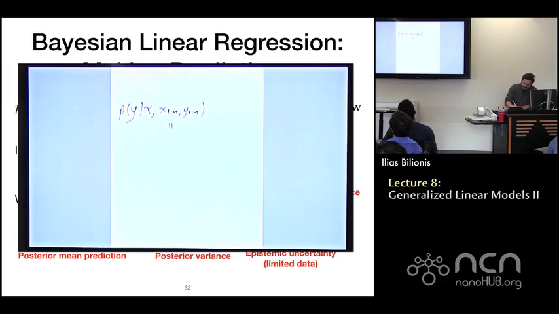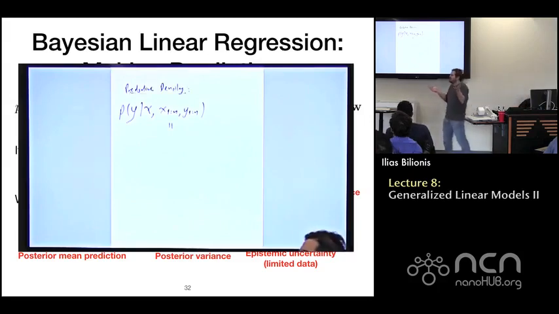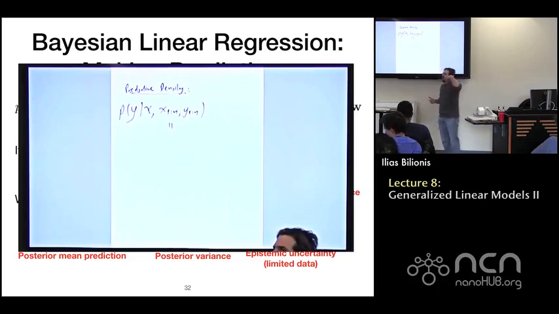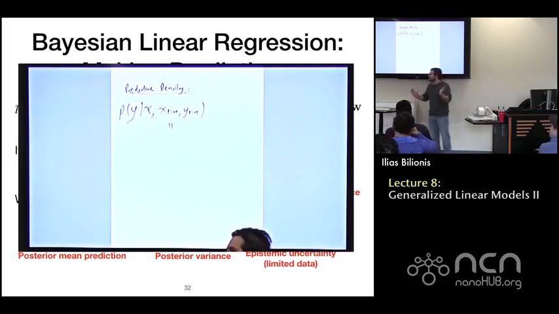So this thing here is called the predictive density. This is my prediction. My prediction is as simple as saying, I'll tell you what I think about y conditioned on all the data I've seen. That's all.